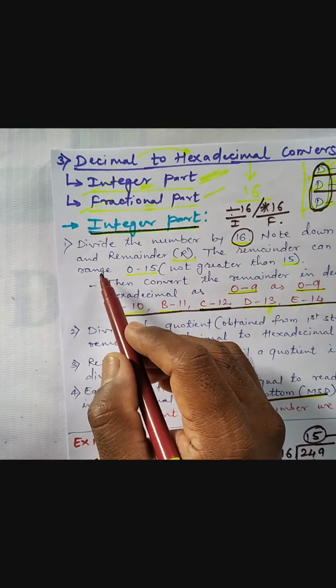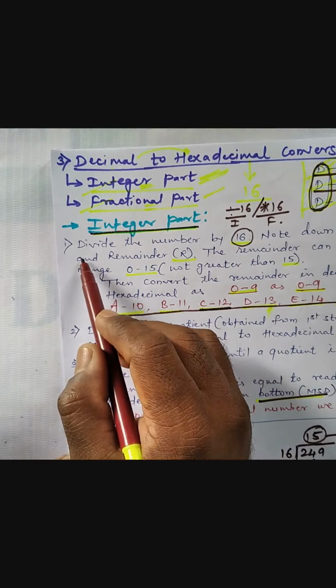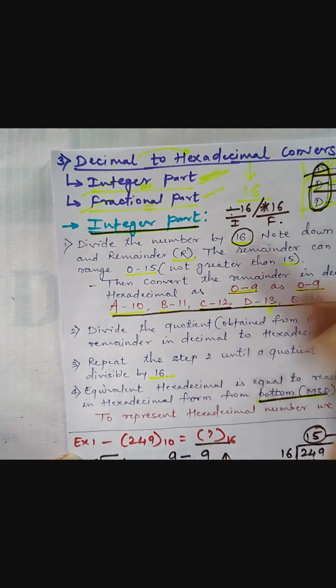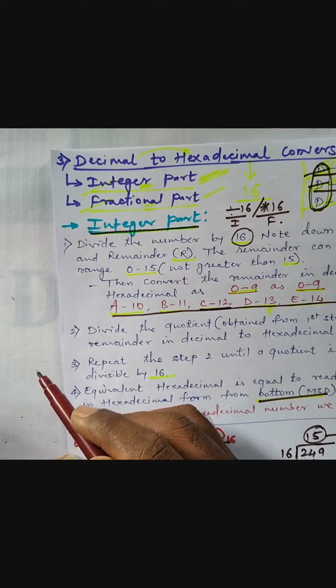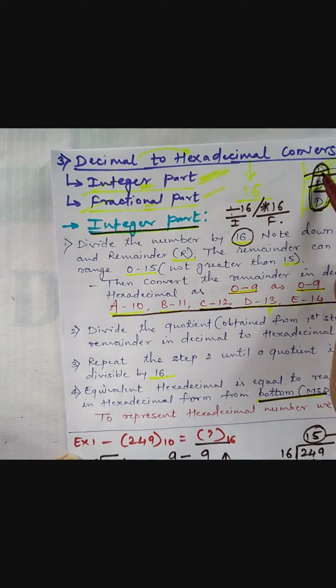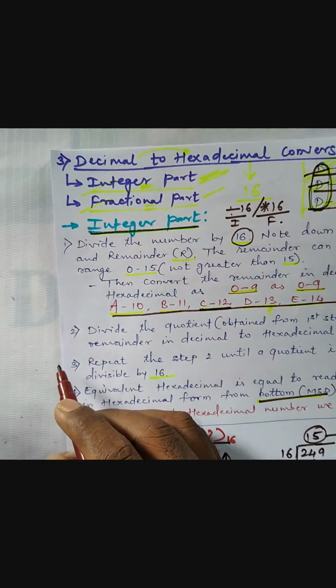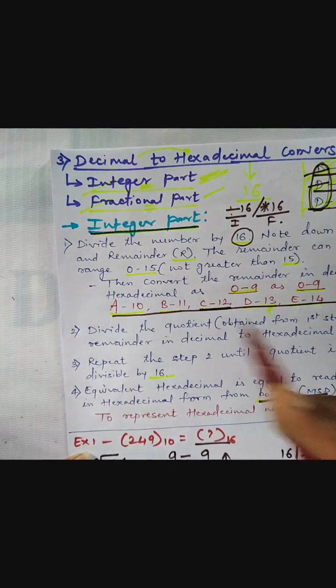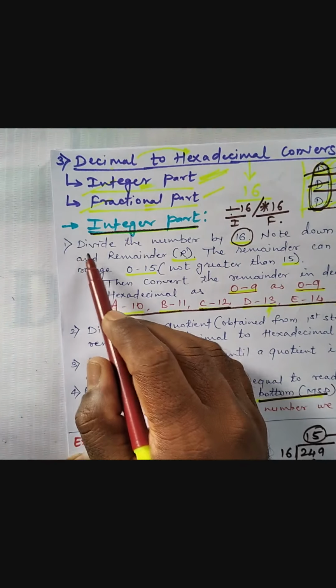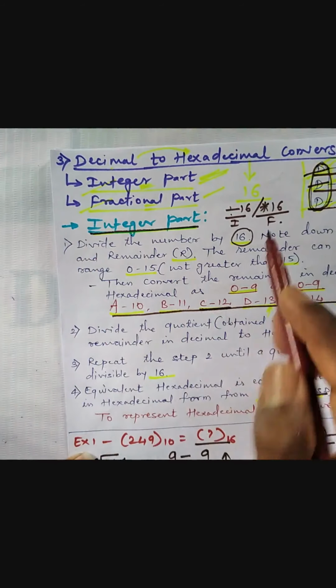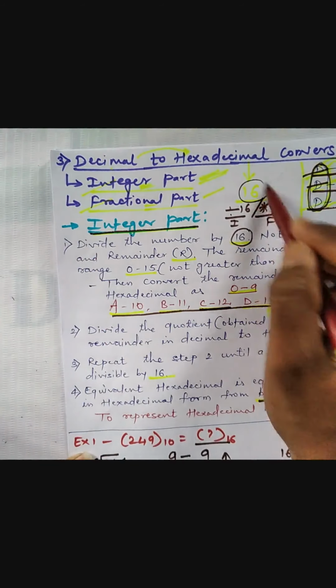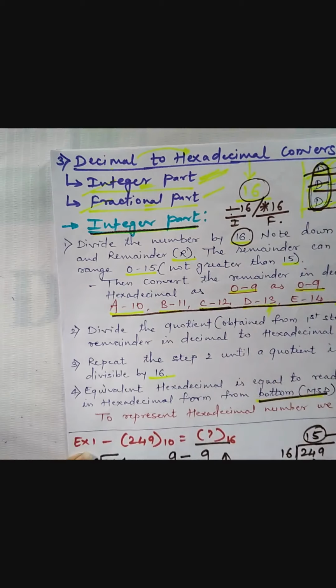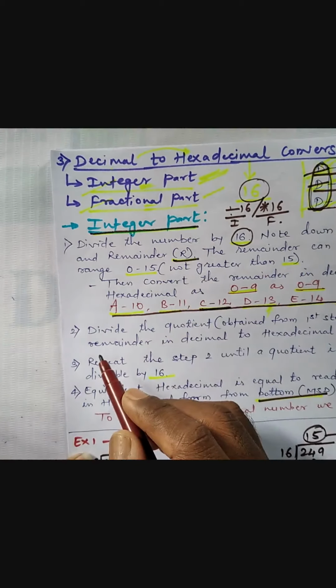I'll read these steps for you so as to revise them, for decimal to binary, decimal to octal, and now decimal to hexadecimal. First step is to divide the given number by 16. As the base is 16, note down the quotient and remainder.